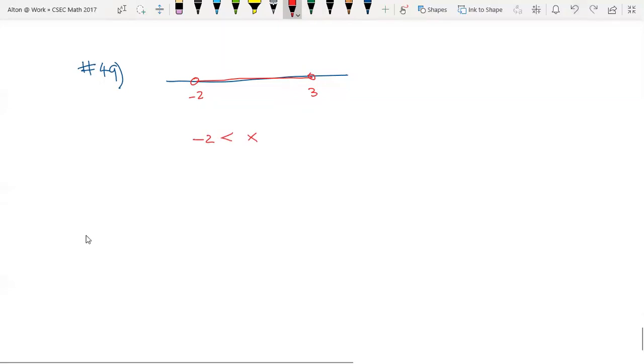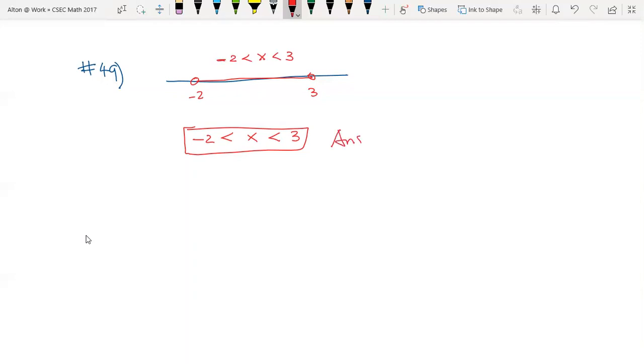So you're not including minus 2, you're not including 3, so therefore your inequality must be written like this, saying that x is between minus 2 and 3, not including those values. So your answer here will be D. Let's go to question 50.